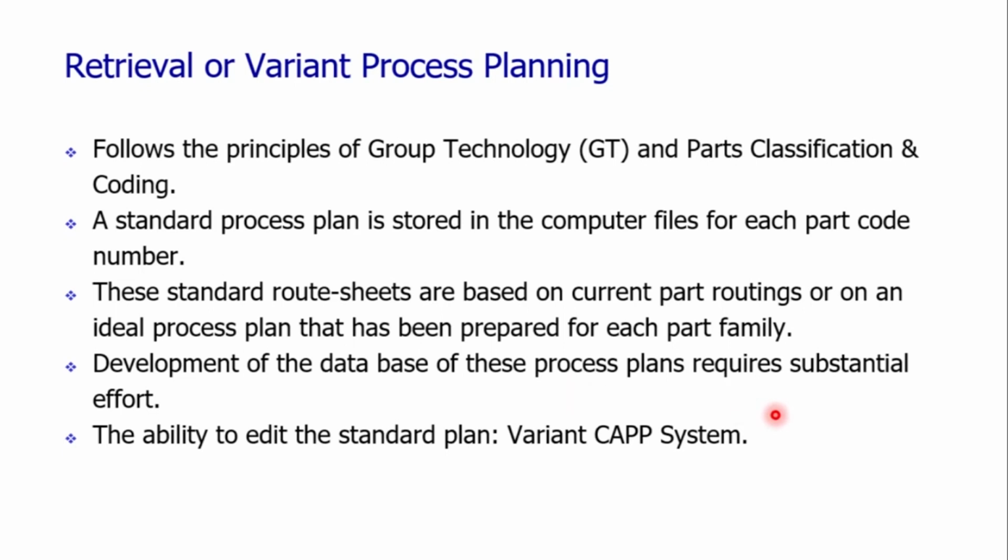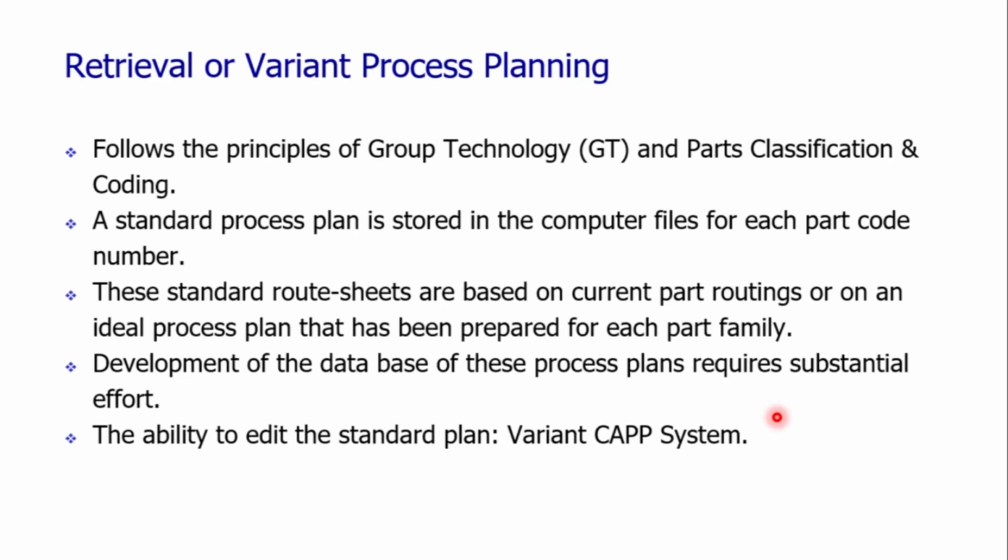There may be an ideal process plan for that part family as well, because we have seen that the part families are made up either based on the geometrical attributes, although the part sizes may be different, but their process plan may be the same.